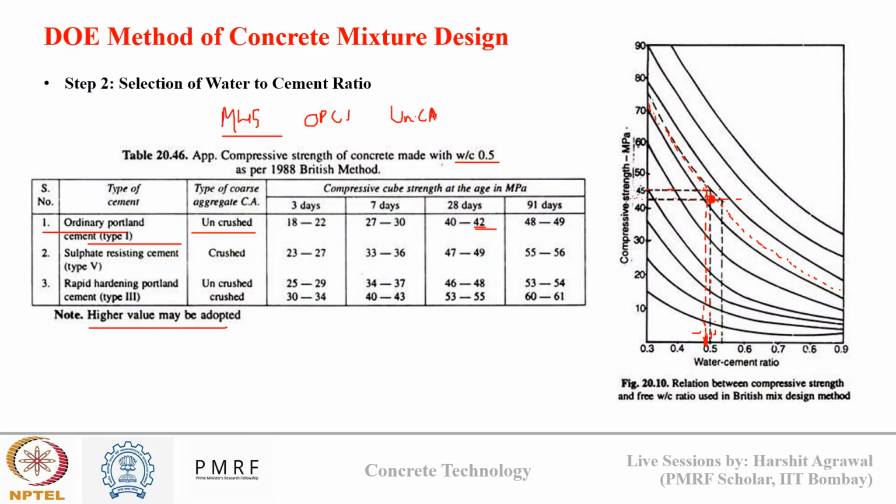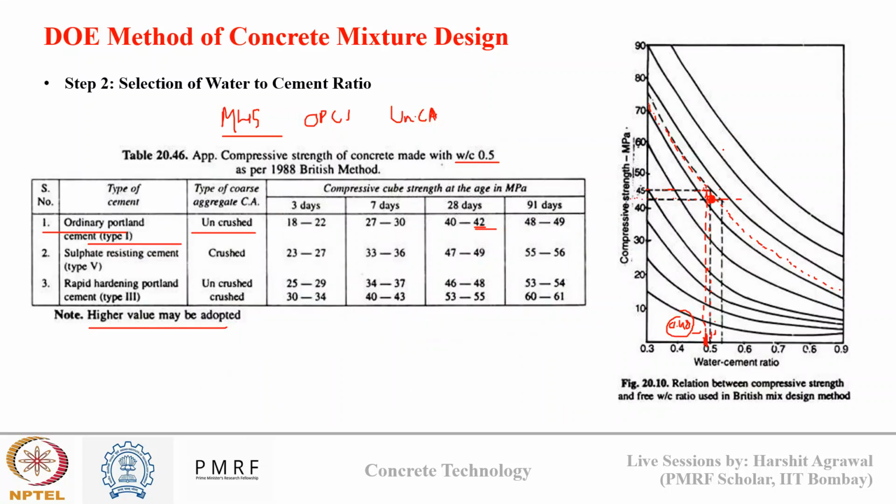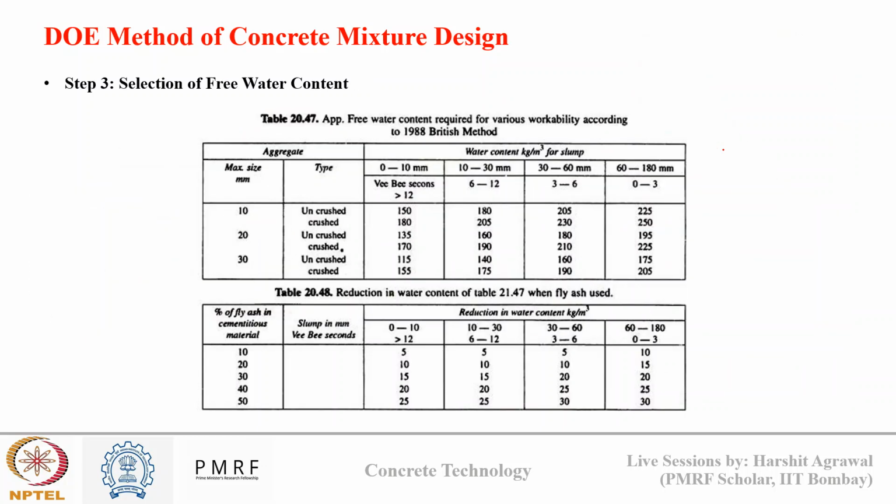So my value is coming out around this. So this may be around 0.48 W by C ratio. So this is how we determine from the curve what W by C ratio we need to take. We'll see this later on when we do the numerical, so it may be more clear to you.